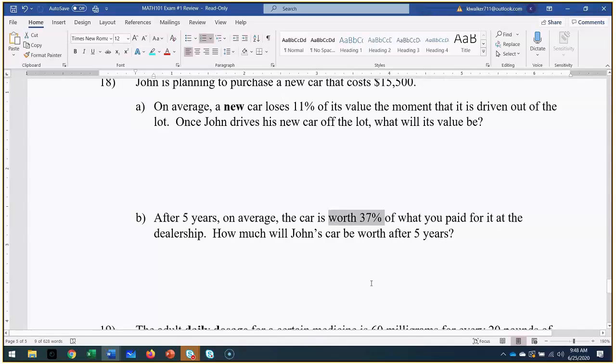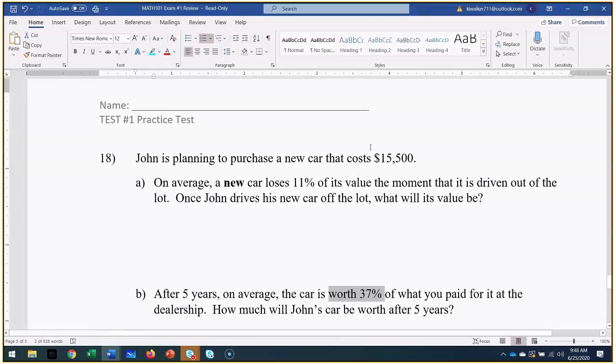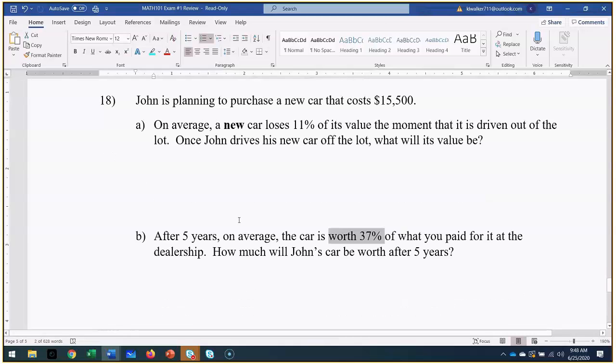They're talking about how much it's actually worth now. So that changes things. Of what you paid for it at the dealership, that's going back to that original price.